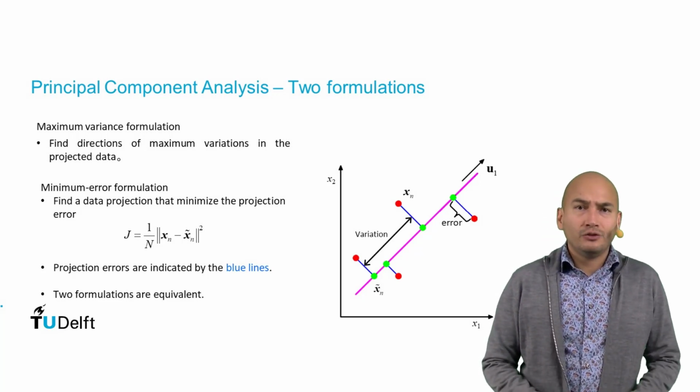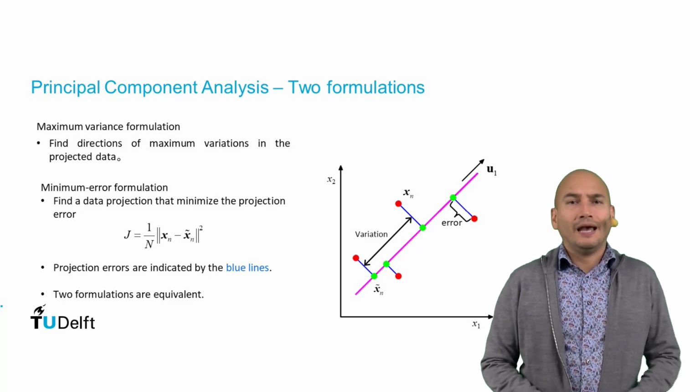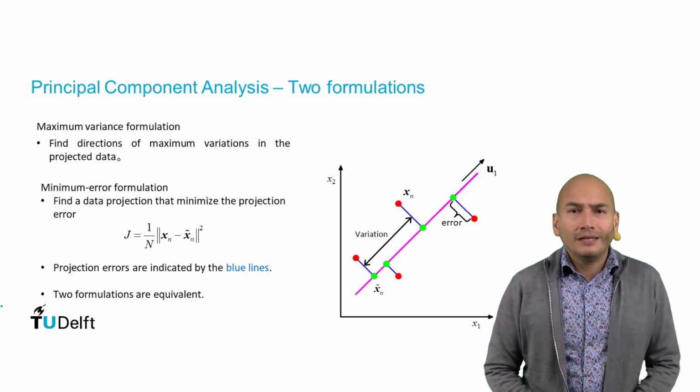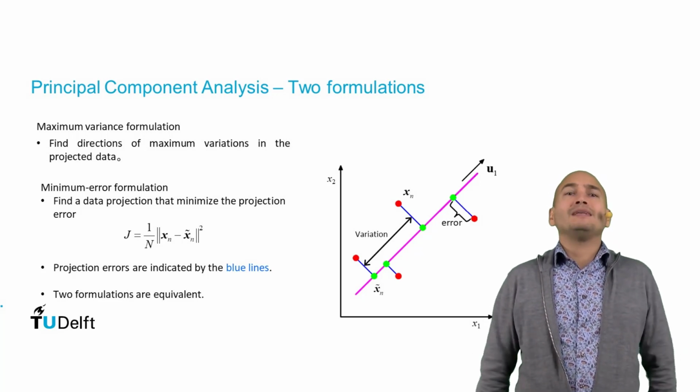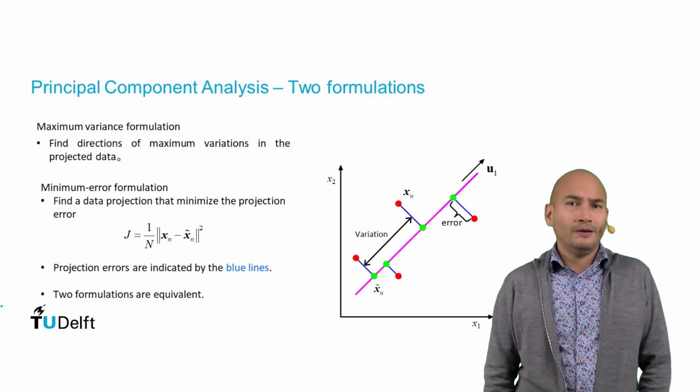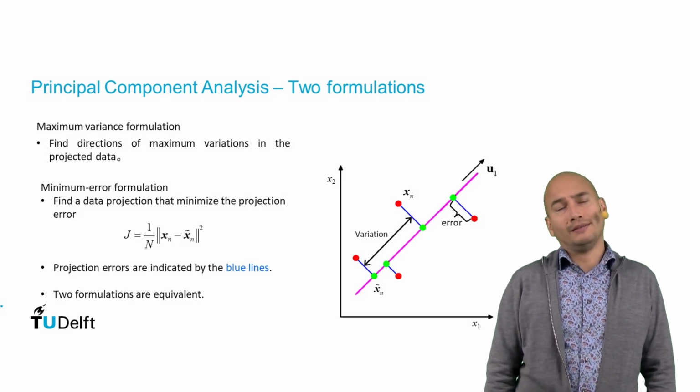This error between xn and x tilde n is shown in the right figures as blue lines. Note that these two formulations of PCA are mathematically equivalent. In the rest of this lecture, we will focus on the maximum variance formulation.